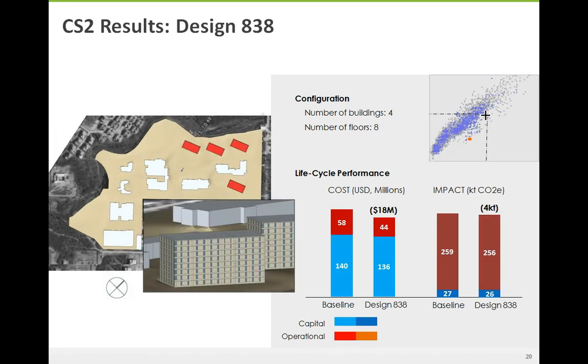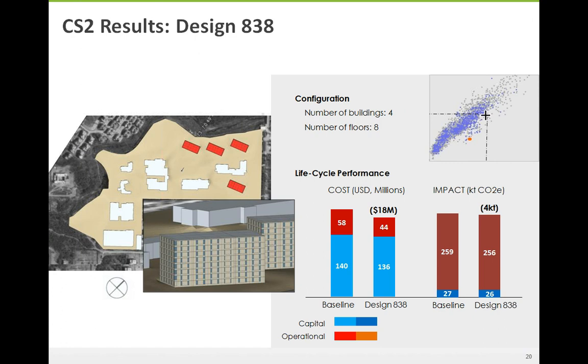So here's one of the designs. If you look at the top right of this diagram, the orange dot highlights where this design is relative to the baseline. This design has the same topology as the baseline, i.e. a 4-building, 8-story configuration.